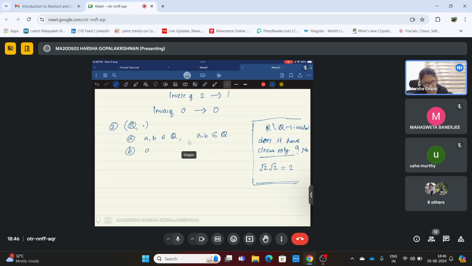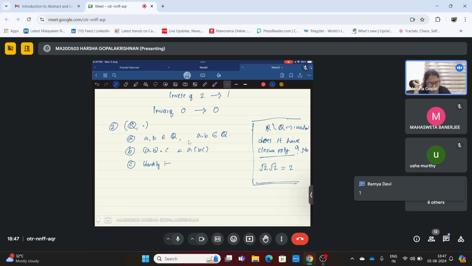Now the second property is associativity. It is just usual multiplication, and whatever order we multiply in is not going to be an issue, so it will be associative. Now, what about identity? Can anyone say what the identity of Q under multiplication is? For addition, we know the identity is 0.